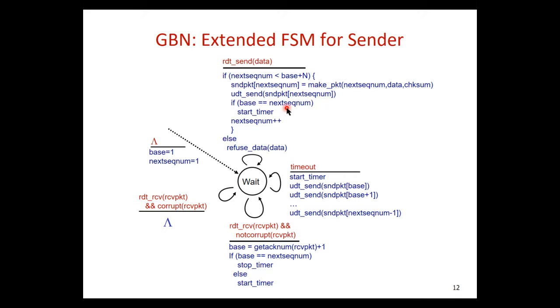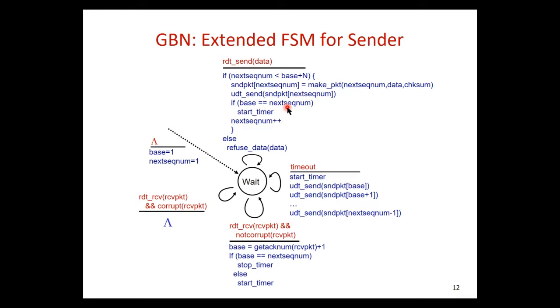And now it needs to do one more thing, which is to check whether this packet is going to be the oldest unacknowledged packet. In other words, if there's no other pending unacknowledged packet in the window, then it needs to start the timer. So the test is if the base is equal to the next sequence number.